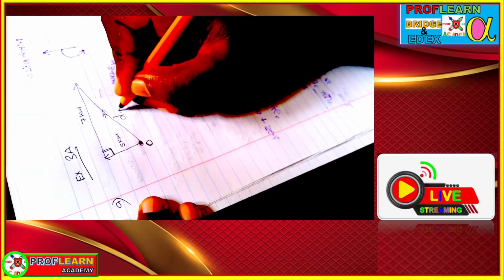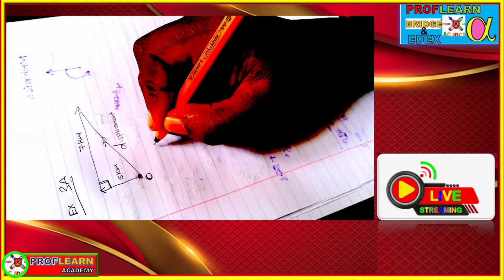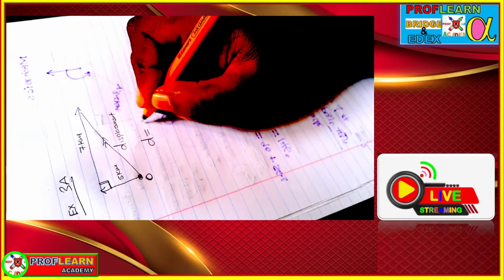Actually, that's displacement they are asking us to find, and in that case displacement is going to be equal to the square root of 7 squared plus 5 squared, and that's going to be square root of 49 plus 25.